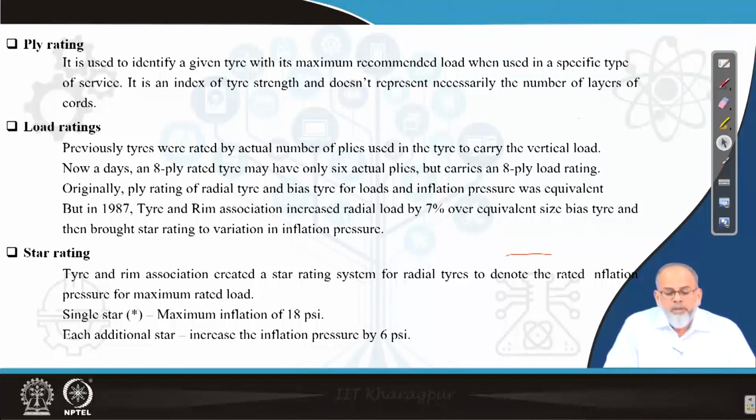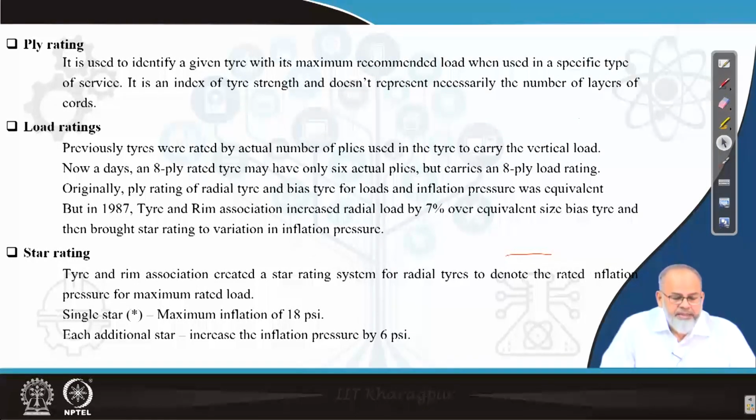So originally the ply rating of radial tire and bias ply tire for loads and inflation pressure were equivalent. Whether it is a radial tire or bias ply tire, their load carrying ability and inflation pressure were equivalent. But now the Tire and Rim Association has increased the radial load by 7% over the equivalent size bias tire.